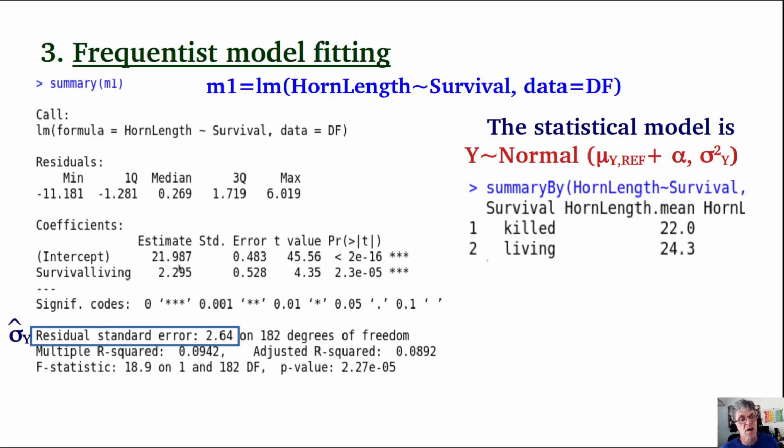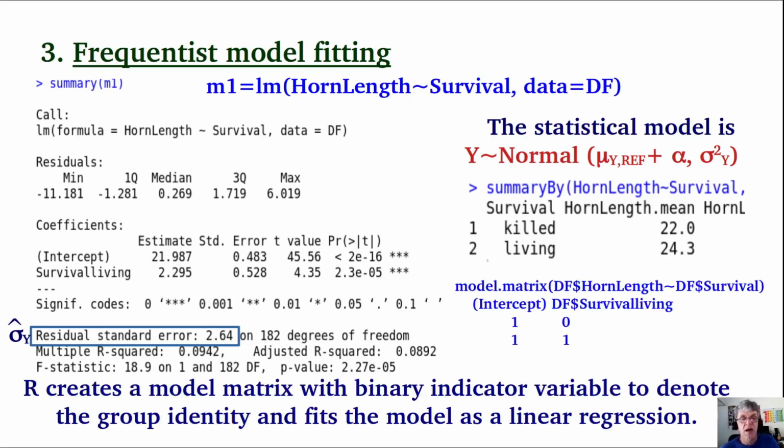We also, by squaring the residual standard error, obtain an estimate of the variance of the response variable. So what R does to solve this linear model is that it creates a model matrix with a binary response variable, assigning 0 to the values of the reference group and 1 to the values of the other group, in this case living, and fits this model matrix as if it were a linear regression.